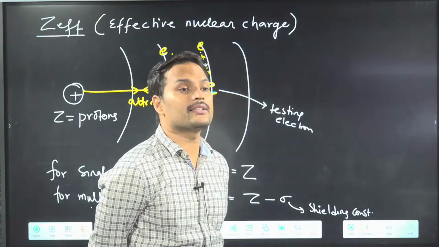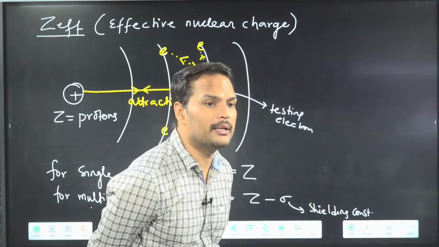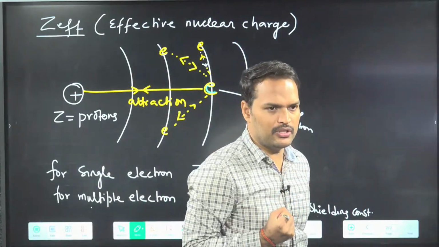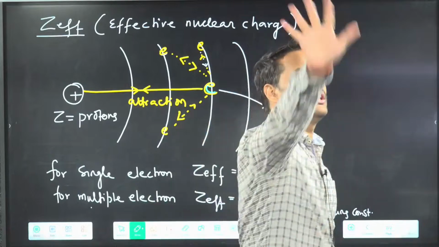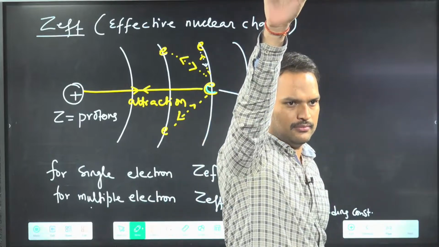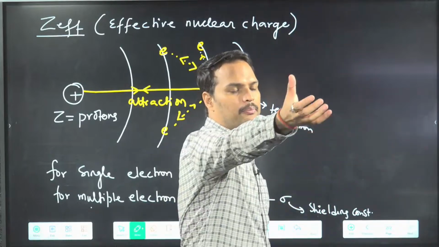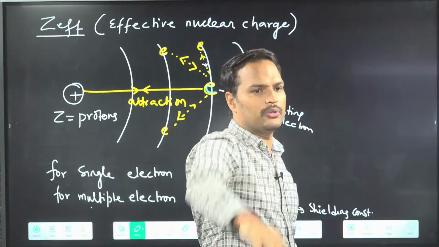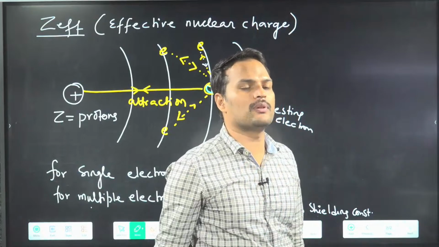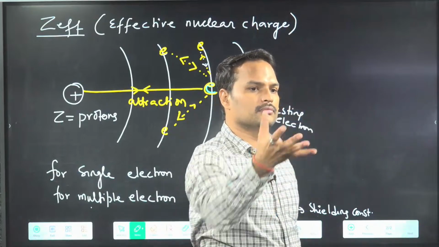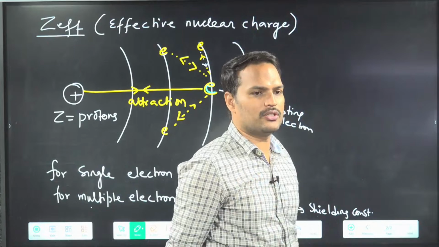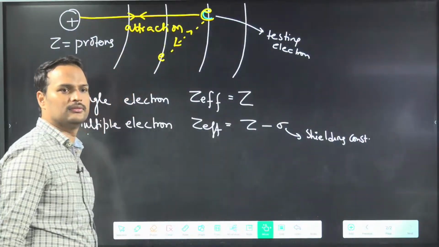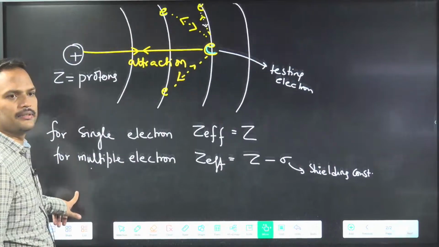So you will say, sir, electron repulsion. Like suppose I am pulling you, come inside the room, and someone is pushing you, go away. Got the point? I am pulling you by 10 newtons. Other person pushing you by 3 newtons. My net attractive force will be what? How much? 7.